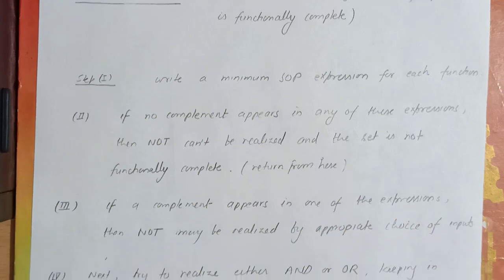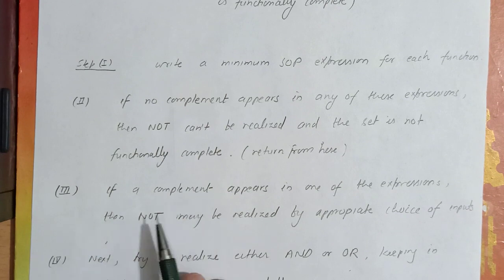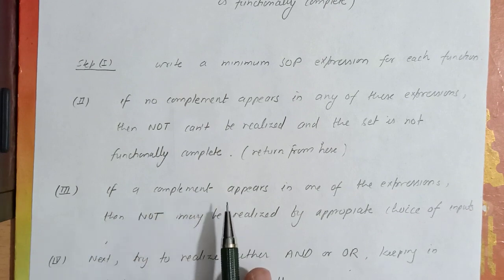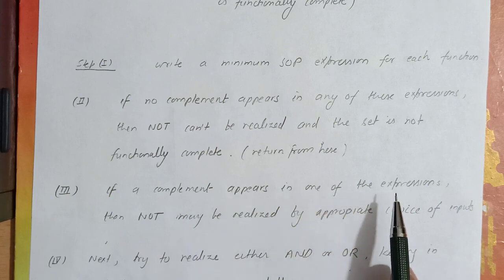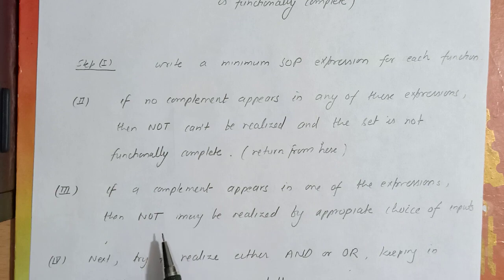Okay, in the third step, if a complement appears in any one of the expressions for the given operation, then NOT may be realized by an appropriate choice of inputs. Generally we will try to select inputs in such a way that we can realize the NOT operation.